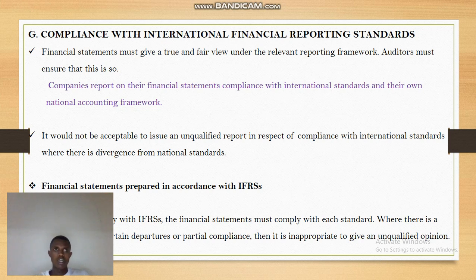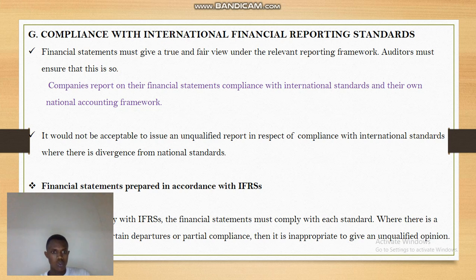Sometimes as an auditor, you cannot offer the report with both standards, so you choose one. We are going to see it before.